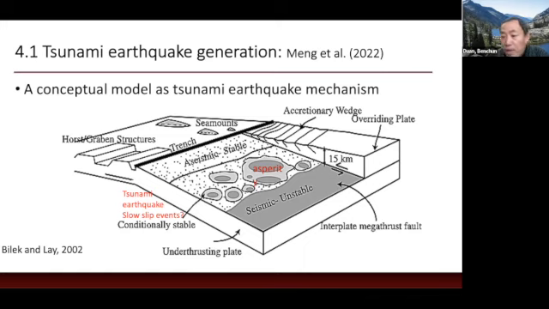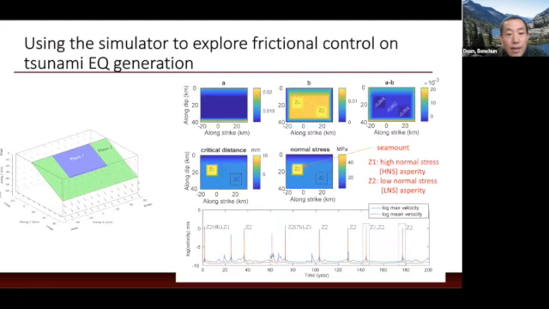For background, tsunami earthquake features mainly include long duration and slow rupture propagation, and also a relative lack of high frequency radiation. This is a relatively simple model on the subduction plane, and here we have the model parameters.